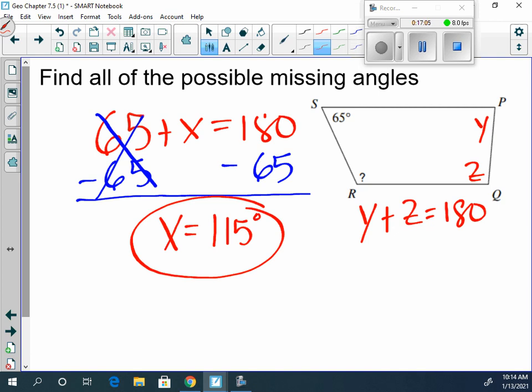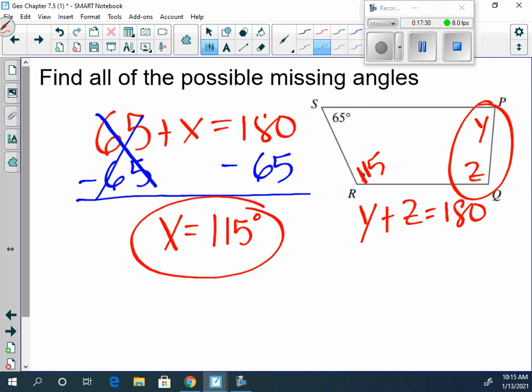Well, we could, because we know what R is. If I knew what Q was, then we could go from there, because then we'd have something to restrict it. Subtract R and Q from 180?